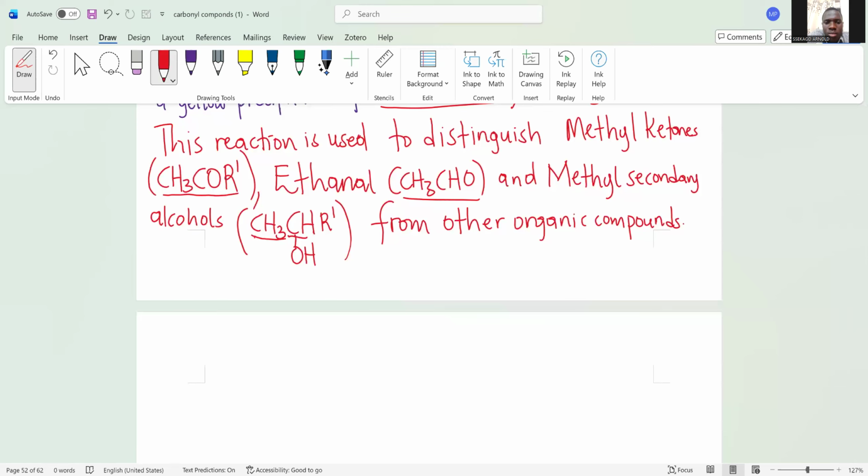These are the observations for methyl ketones, the ones that have CH3CO. So ethanal is the only aldehyde that undergoes the iodoform test, not any other aldehyde.